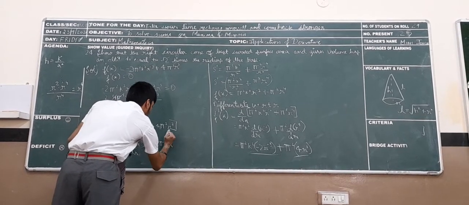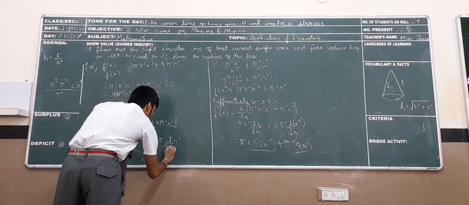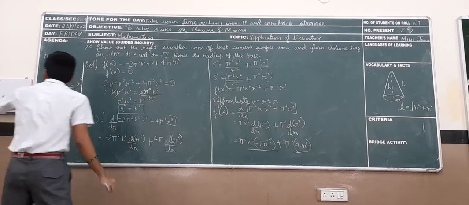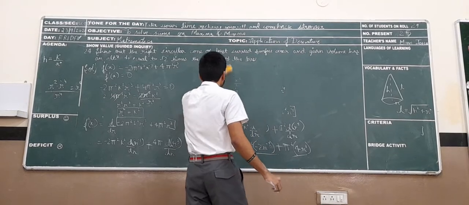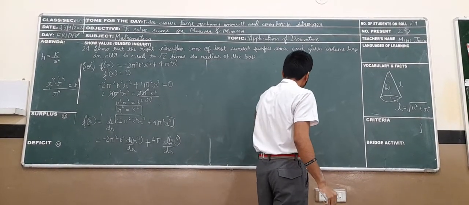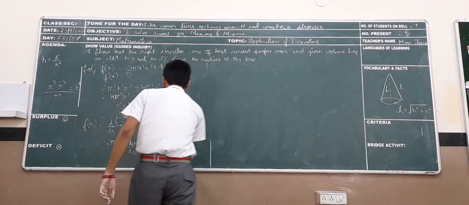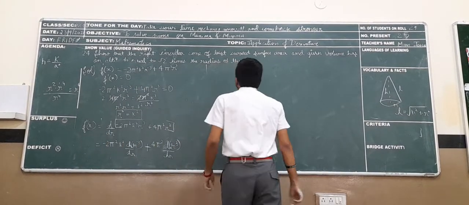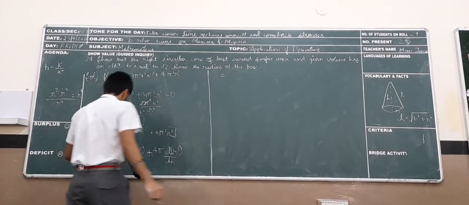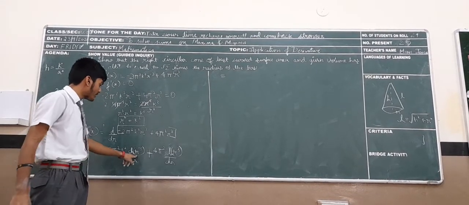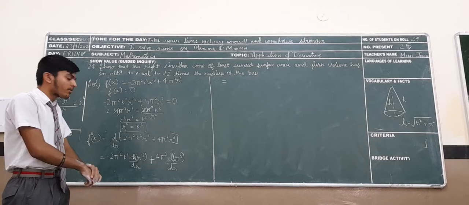Now differentiation of r to the power of 3 with respect to r. So first constant as it is, what is the differentiation of r to the power of minus 3? Minus 3 r to the power of minus 4.